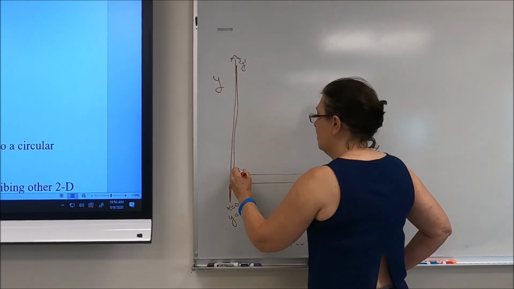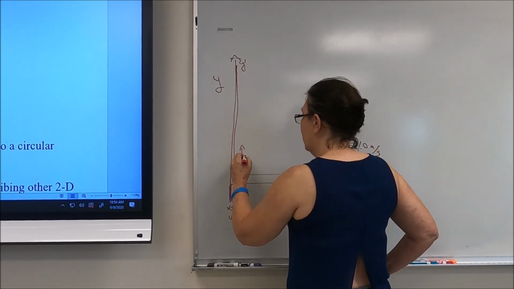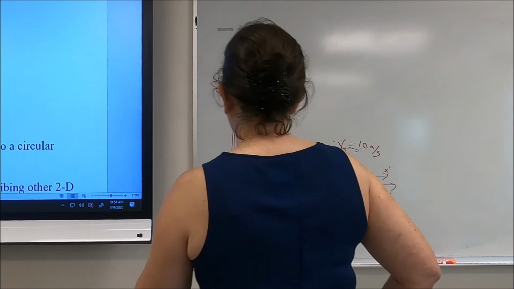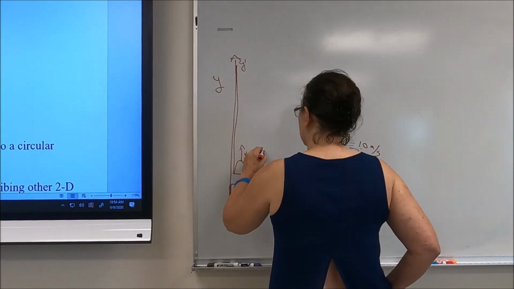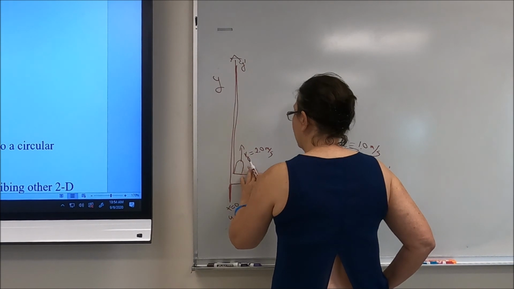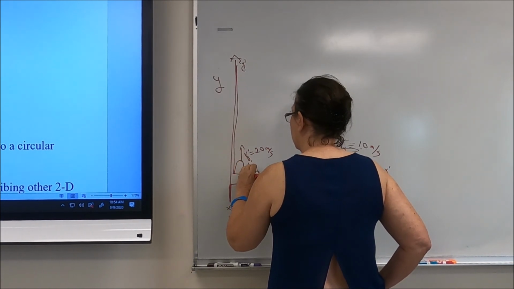Now her boat is traveling in this reference frame with a velocity Vy of 2 meters per second. Its Vx prime is 0.